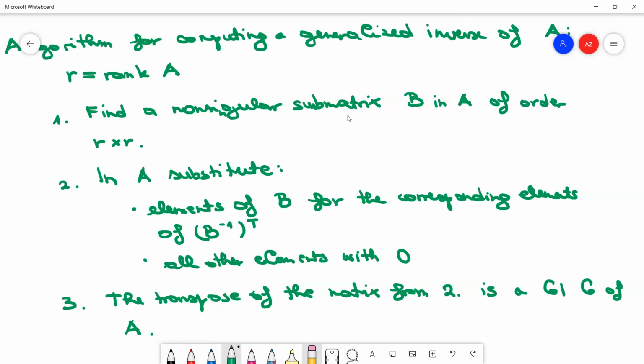So one way is just to follow these steps in the algorithm, and we see that step 1 is non-unique. Any non-singular submatrix of order R times R is an appropriate choice, and it will give a different construction at the end. But there will be also other ways to see that there are more inverses, which we'll shortly reach in the second hour.